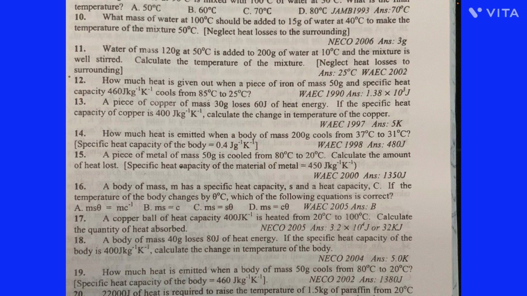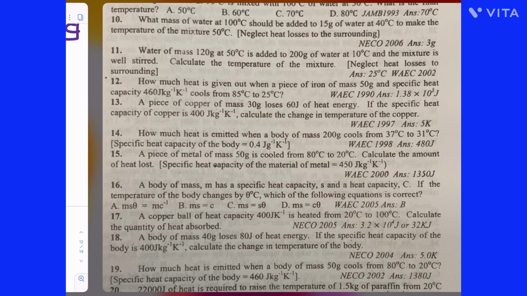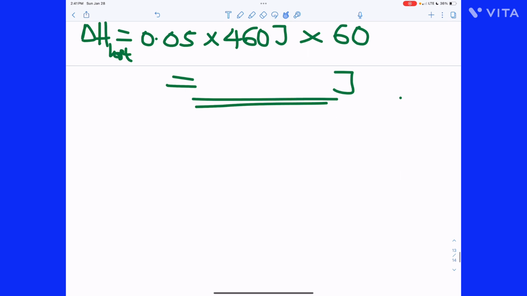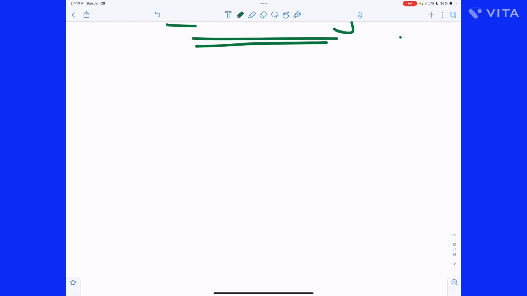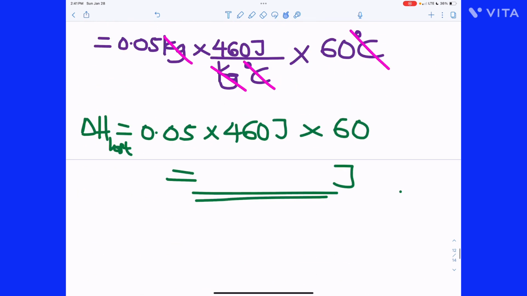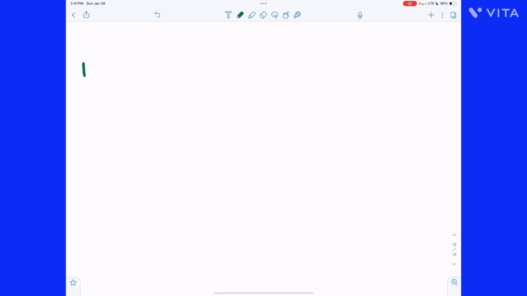A piece of copper of mass 30 grams loses 60 joules of heat. If the specific heat capacity of copper is 400 joules per kilogram per Kelvin, calculate the change in temperature. Okay. What number was this? 12. So we're on 13 now.